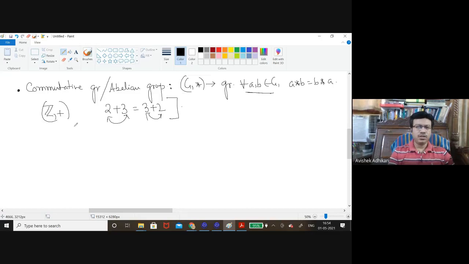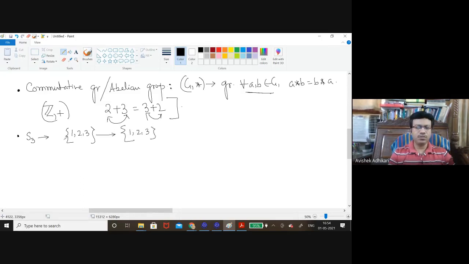Okay, so let us have a look at another important group, that is the symmetric group, say S3. This is nothing but all permutations. If I ask you the question on 3 elements, how many permutations can you have? Suppose you have 3 elements, 1, 2, 3, and I want to find all permutations from 1, 2, 3 to 1, 2, 3.